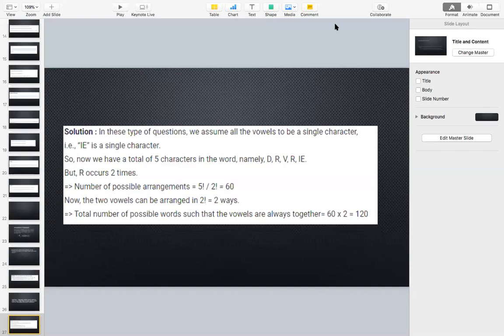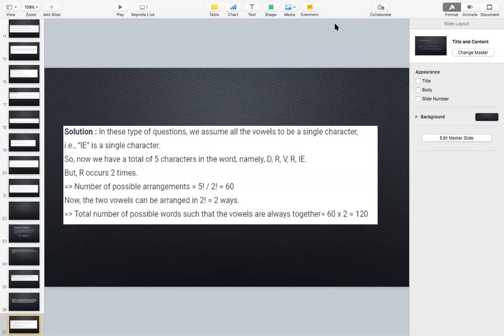Okay. Now in this 5 factorial, do we have any repetition? There is no repetition. Then we will go for this AAI. We have assumed X as a single character, but this X has 3 characters inside it, right? So you will have to multiply this 5 factorial with 3 factorial. But now again you need to check whether these 3 letters have any repetitions inside.